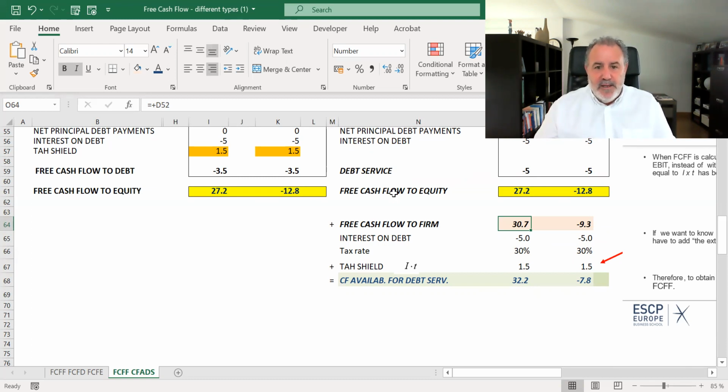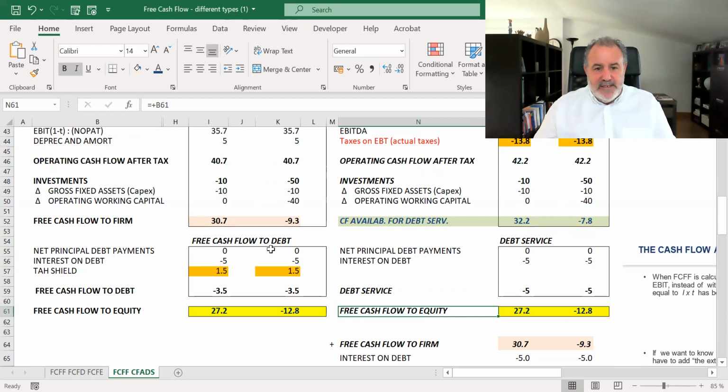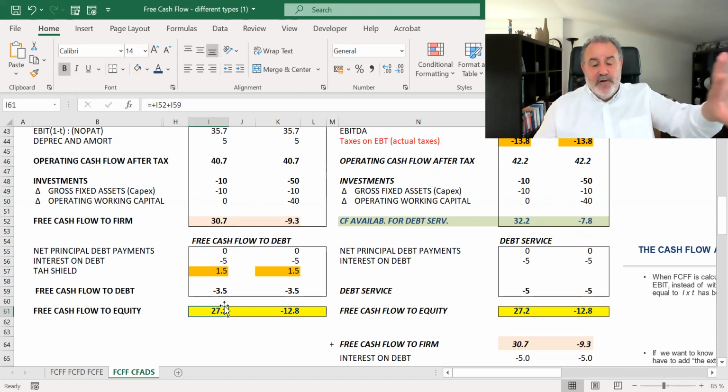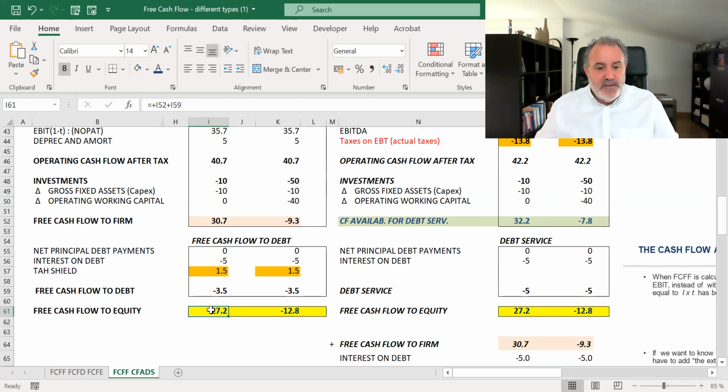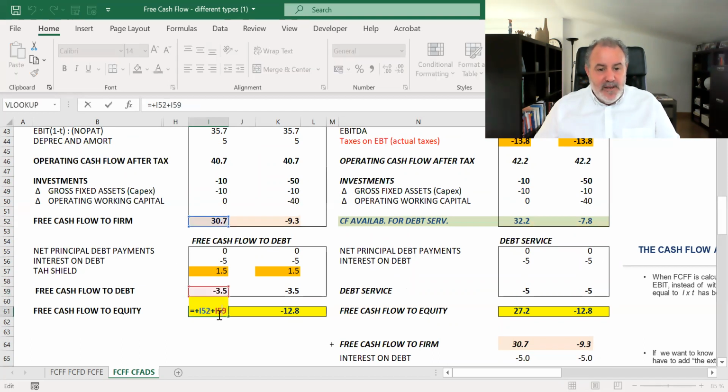Okay, as you can see here, at the end, I can calculate the free cash flow to equity, which is after debt, what is going to go in the hands of the equity investors, the shareholders. It can be calculated by taking the free cash flow to the firm minus the effective financial expenses, not the nominal, because you save the tax shield. So you take 30.7 minus 3.5, and then you get the free cash flow to equity.